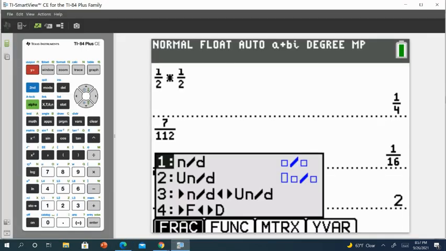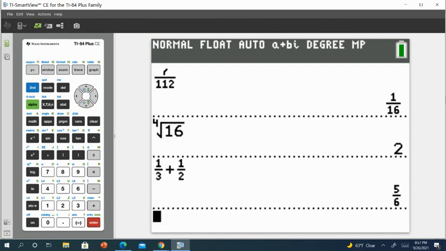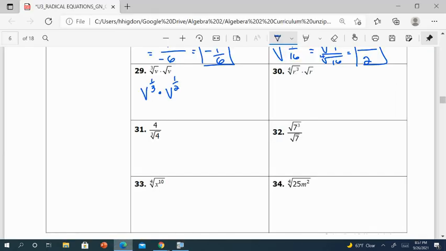So 1/3 plus 1/2 gives us 5/6, v to the 5/6, which is the 6th root of v to the 5th.